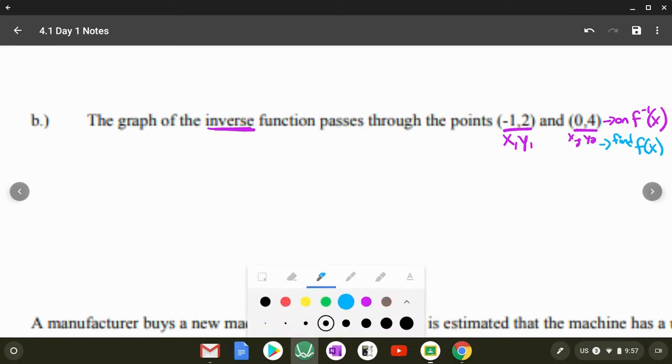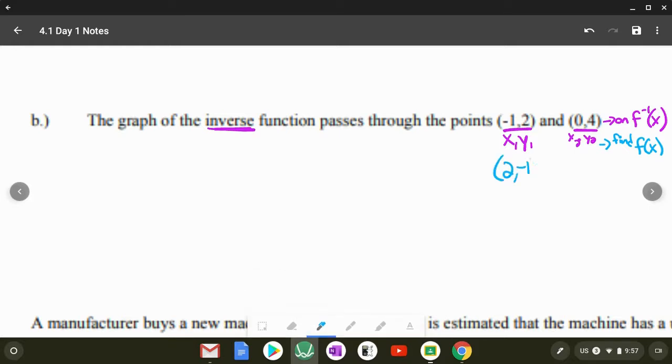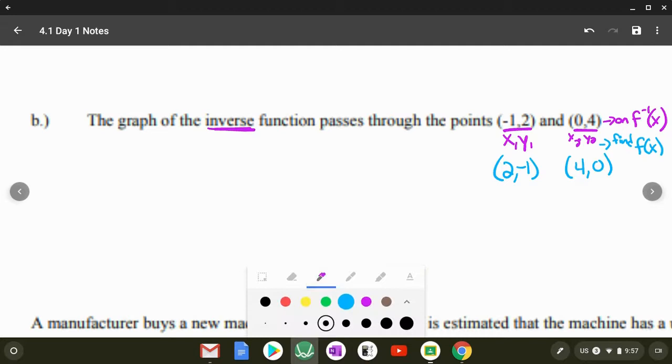Well, then for the original function, because it's the inverse, these coordinates would just be flipped. So since we knew 2 coordinates on the inverse, and we know it's the inverse of our blue function, we now know 2 coordinates on the original function.